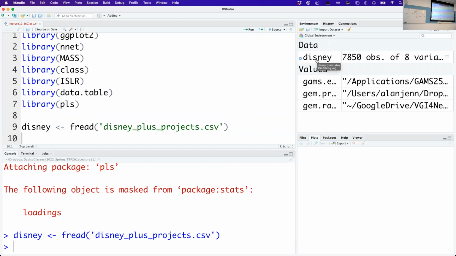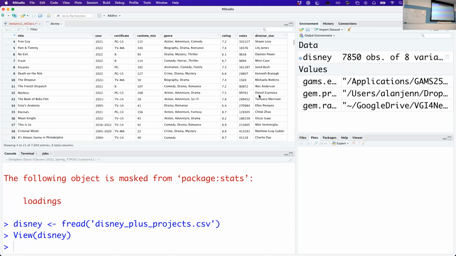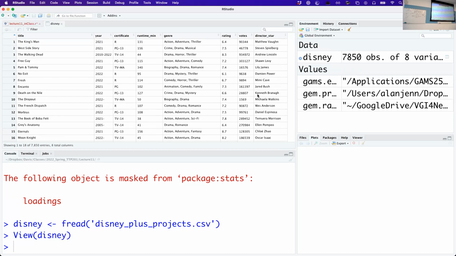So we'll go ahead and click this. 7,850 observations. And this is a data set of Disney Plus movies and TV series.